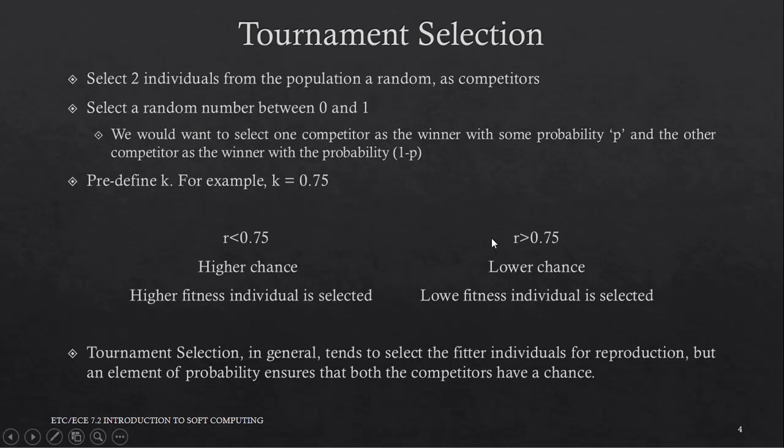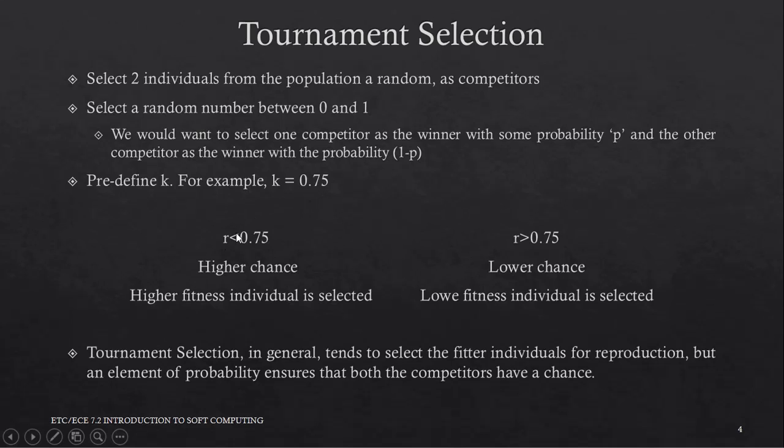If yes, then the competitor with lesser fitness is declared as the winner. If R is less than or equal to K, the competitor with higher fitness is declared as the winner.